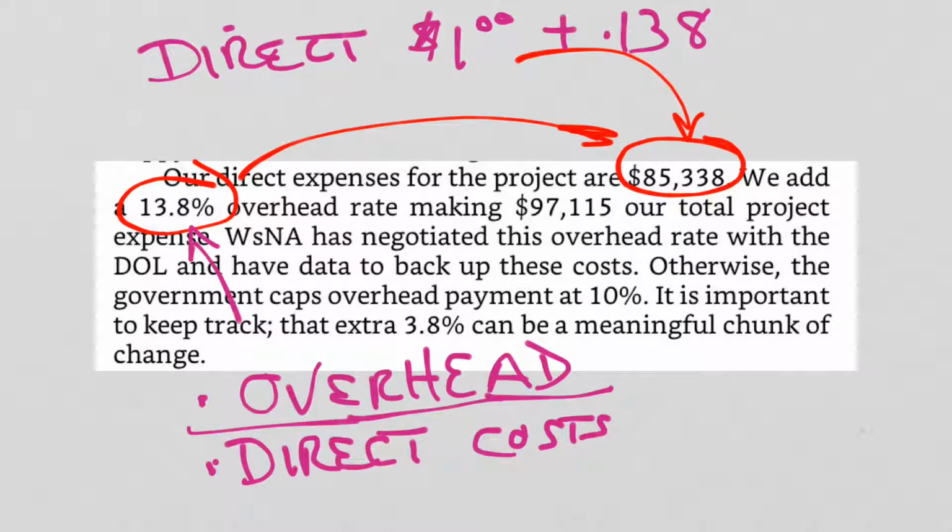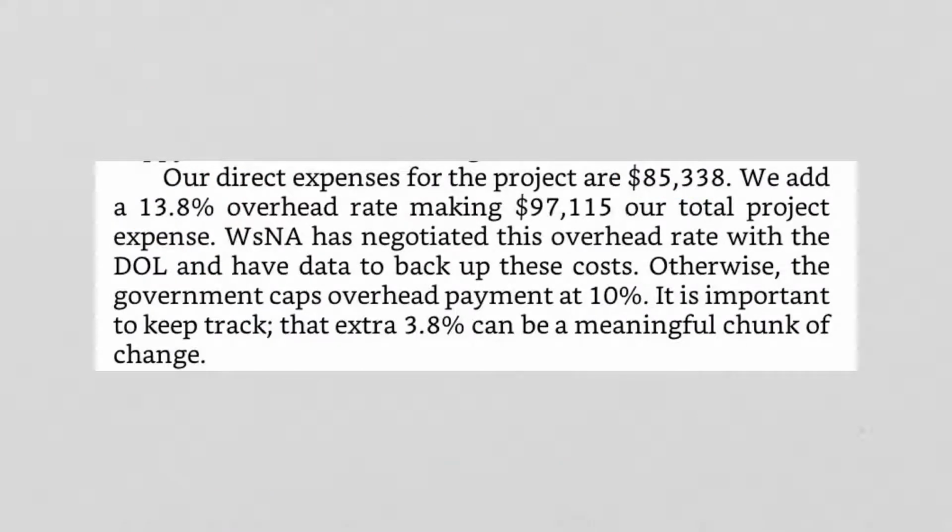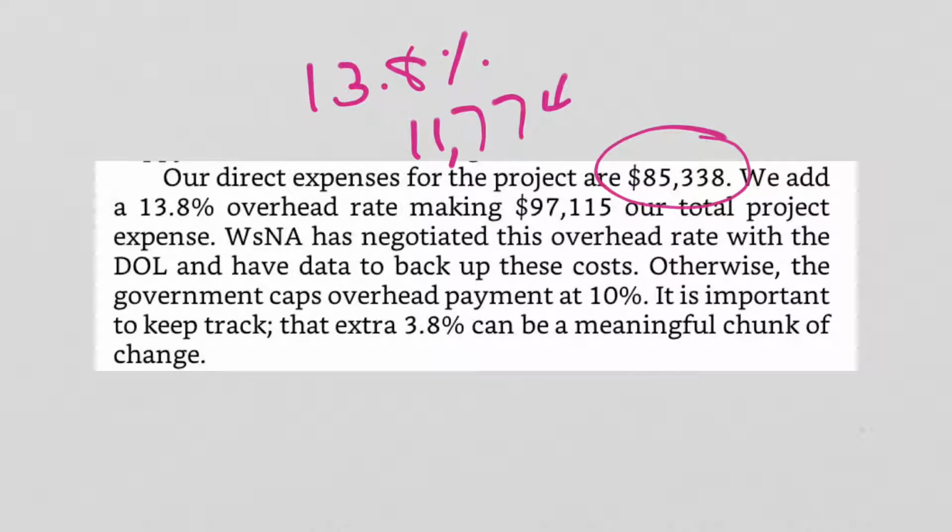And therefore, when we incurred, let's just erase the board so I can point it out easier, $85,338 as our direct cost in total for this, we multiplied it times 13.8%. That gave us 11,774, I believe it is, or whatever number it gave us. Well, let's do the math.